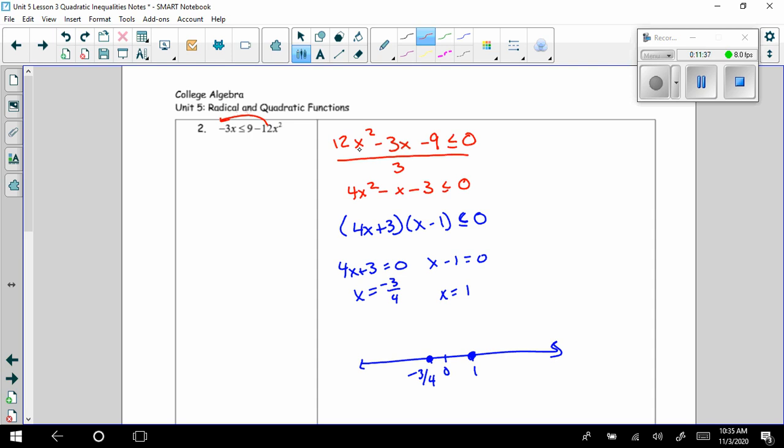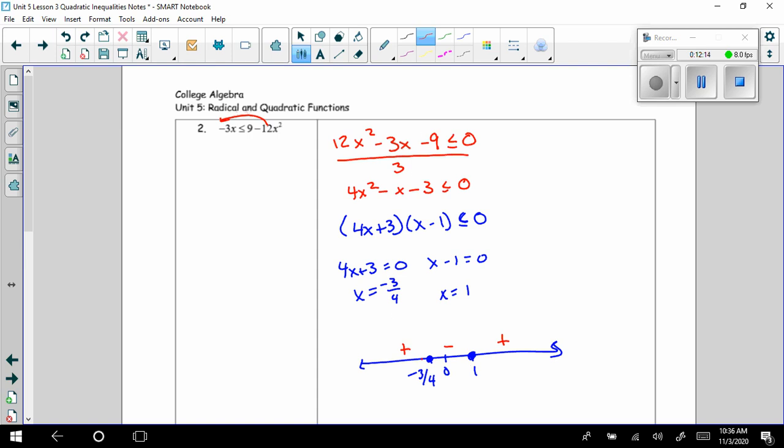If we plug in a negative 1, something past negative 3/4, that's 12 plus 3 is 15 minus 9, a positive value. Plug in 0, something in between your two values, and that gives us negative 9, a negative value. Then plug in something greater than 1. Plugging in 2 gives us 48 minus 6 minus 9, which is going to be a positive value.